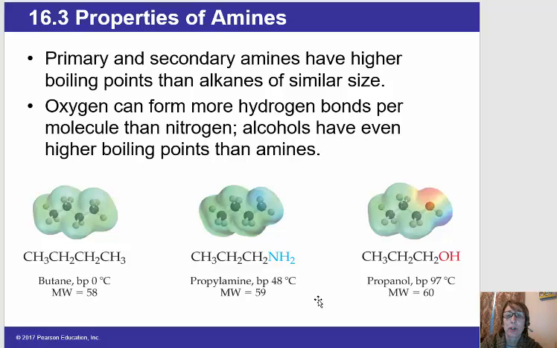And propylamine can hydrogen bond, so it has a much higher boiling point at 48 degrees Celsius, but not as high as propanol, which can hydrogen bond much more effectively, so it has the highest boiling point, of 97 degrees Celsius. So you would be expected to rank alkanes, primary or secondary amines, and alcohols of similar molar masses.